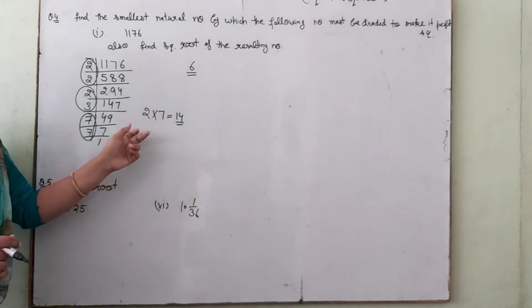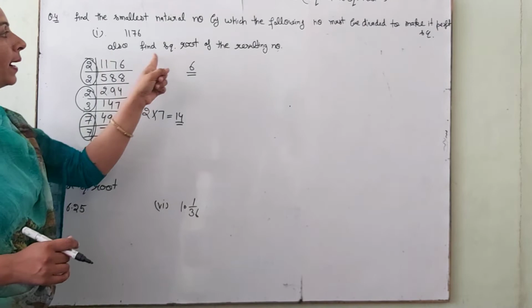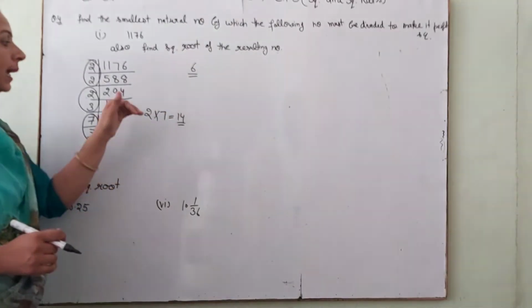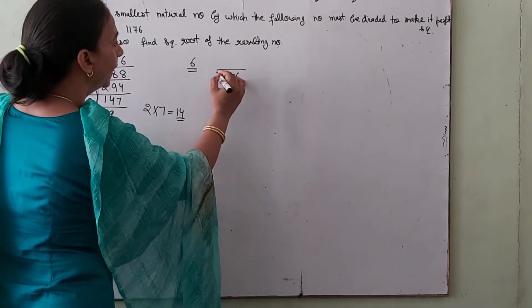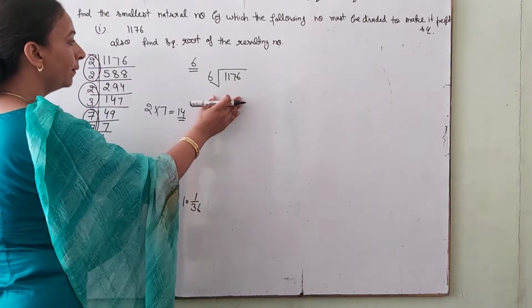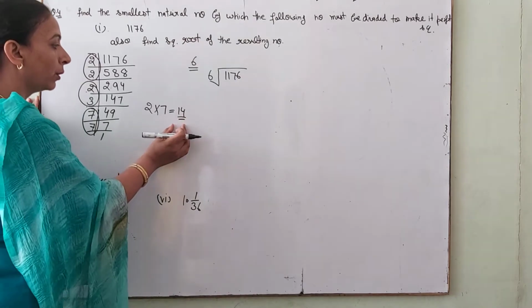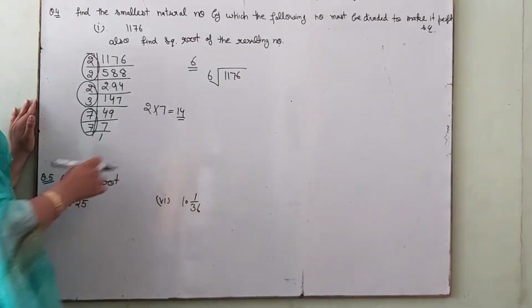Okay, and there is also find square root of the resulting number. Resulting number is if we multiply 1176 divided by 6, we find a number and square root of that number is 14.